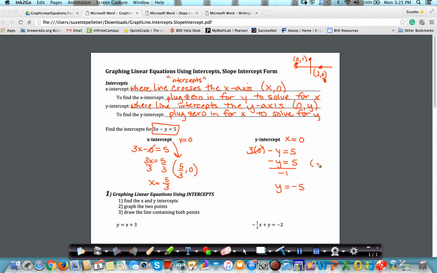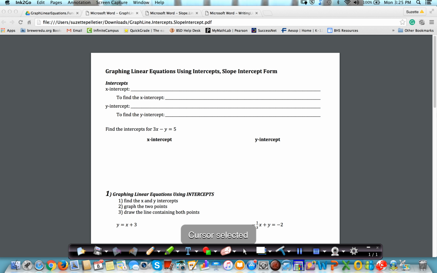So my y-intercept is (0, -5). Okay? So you're plugging 0 in for y if you're looking for the x-intercept, and you're plugging 0 in for x if you're looking for the y-intercept. It's always backwards. So now let's practice doing this.